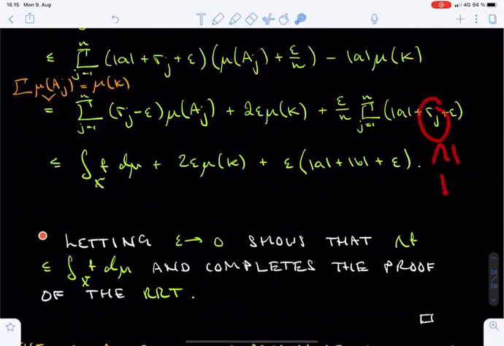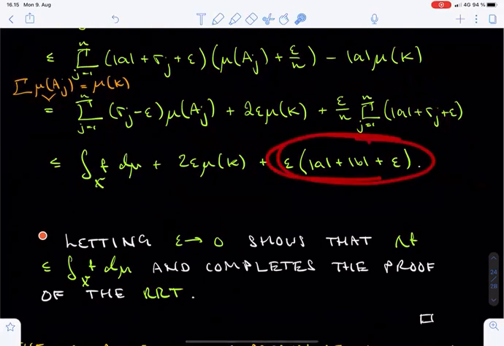Each of the numbers rj is bounded from above by b, which is certainly bounded from above by the absolute value of b. The sum only contains n terms, so we get the absolute value of b n times, and this n cancels out with the n from the denominator below epsilon. Similarly, the sum contains n copies of a and epsilon. The final result is epsilon times absolute value of a plus absolute value of b plus epsilon.